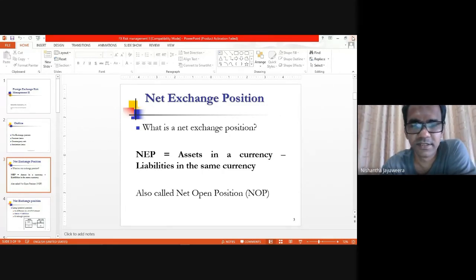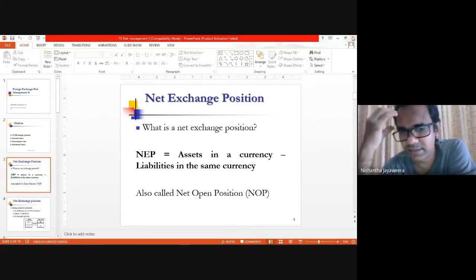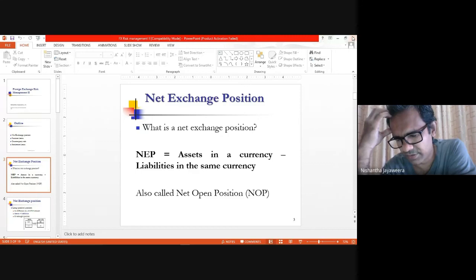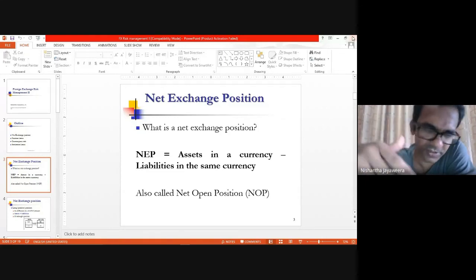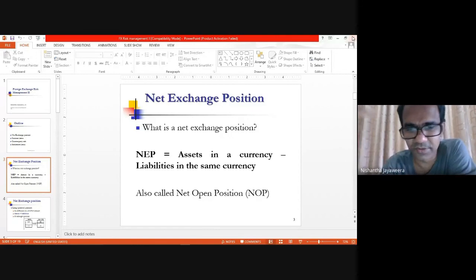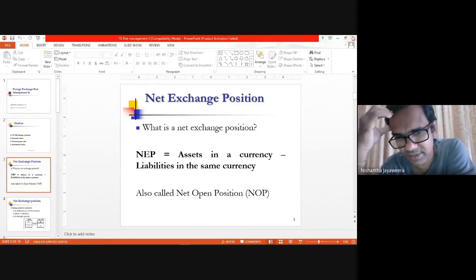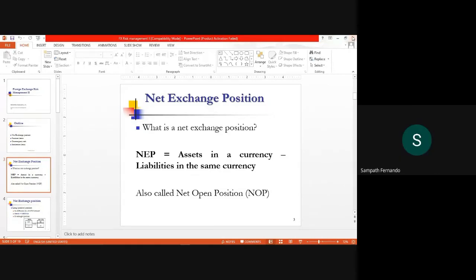But pre-settlement risk is the high one, because even before you reach the settlement date, the bank may not be there. But if you know today the bank is there, and tomorrow is the settlement date, then the risk is almost the same. So the pre-settlement risk is high. Okay, sir. Thank you.